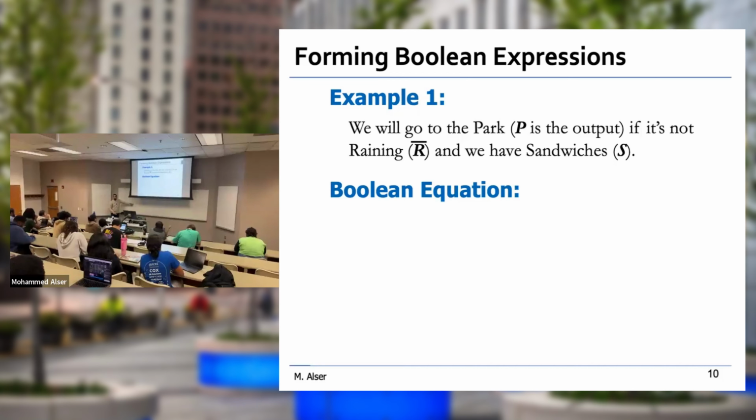Right? This is the interpretation of the question. If not raining, raining equals 0, not raining, and sandwiches equal 1, we have sandwiches, then park equals 1, right? Remember, there is and, not or.